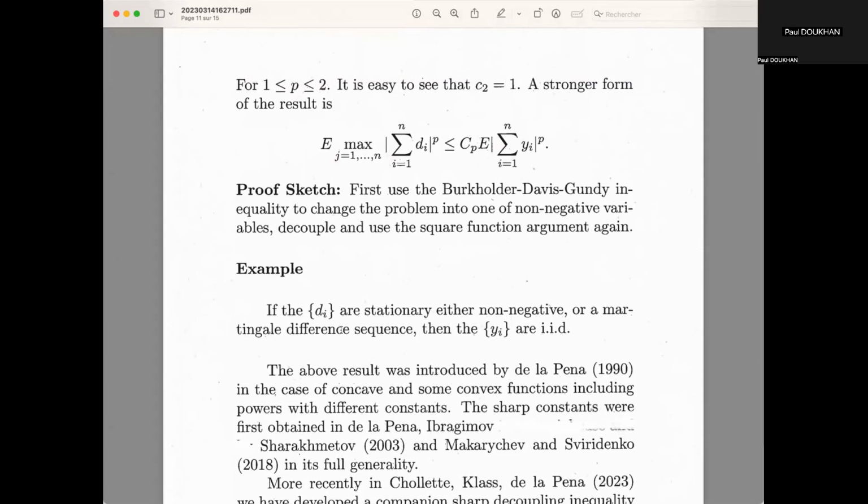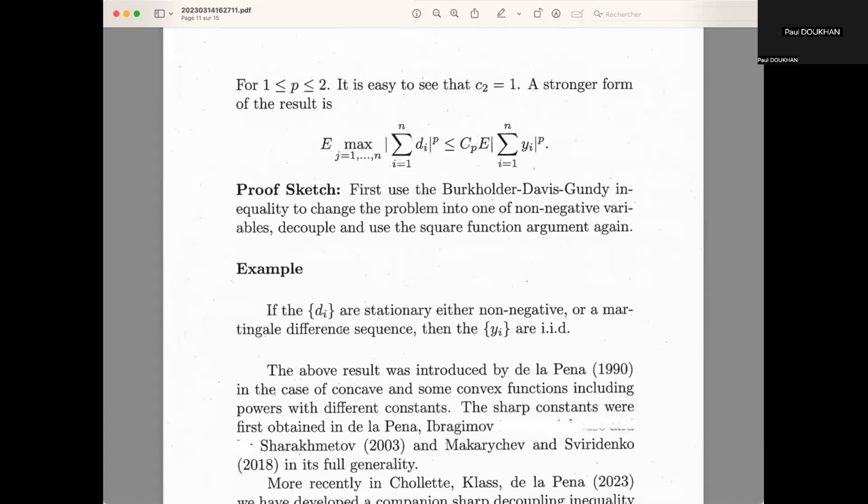You have the expected value of the maximum of the sum of the d_i's less than a constant times the expected value of the sum of the e_i's, reminding you of Levy's inequality. But this works for p equal to 1 as well. It doesn't need p between 1 and 2, because Burkholder-Davis-Gundy works for p bigger than or equal to 1.